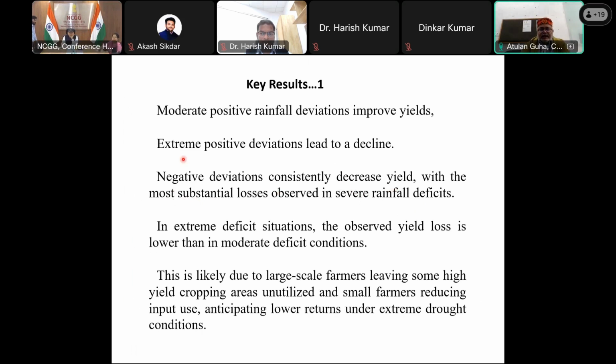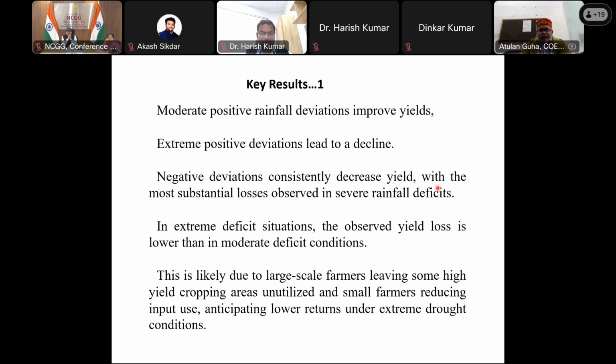The negative deviation consistently decreases the yield. And the extreme positive deviation leads to a decline. So it's a flood situation. If there is definitely a flood situation or excessive rain, that will reduce the yield. And with negative deviations, even a small fall from the long-term average rainfall will cause a fall in the yield.